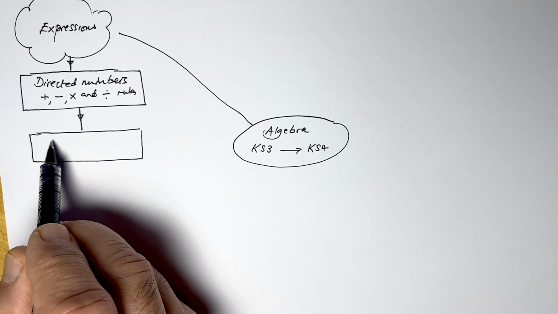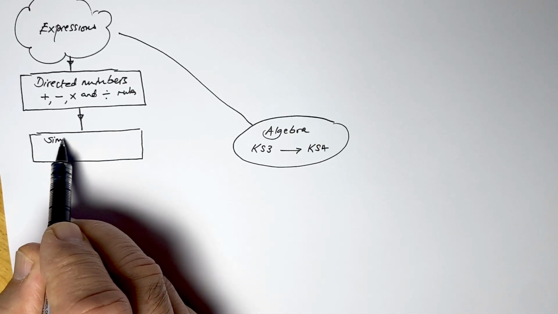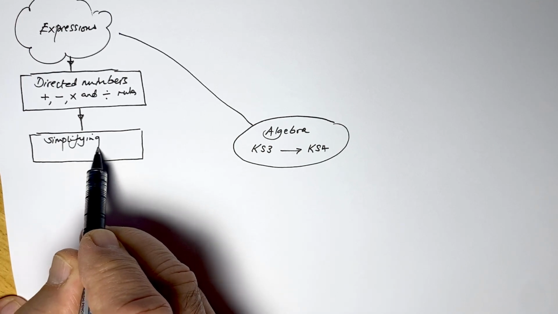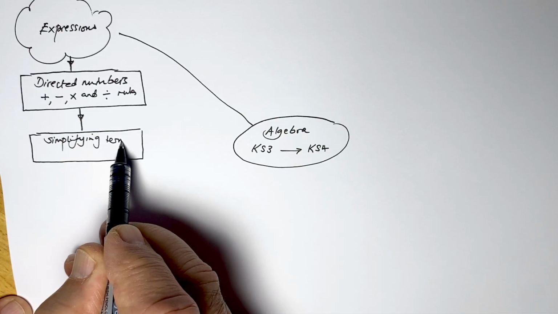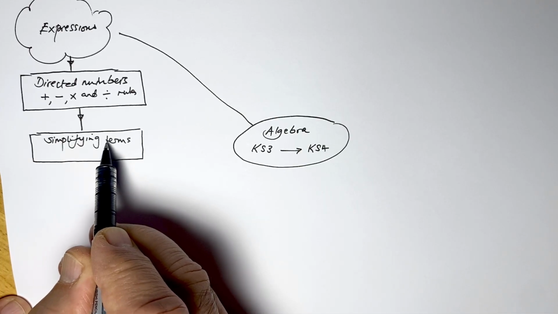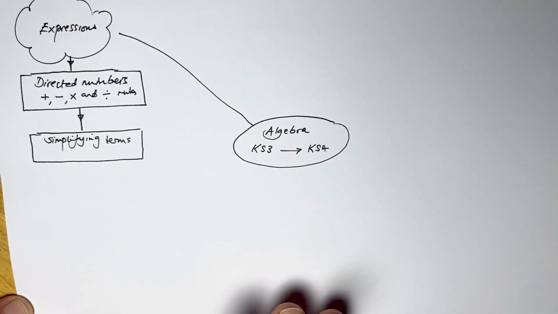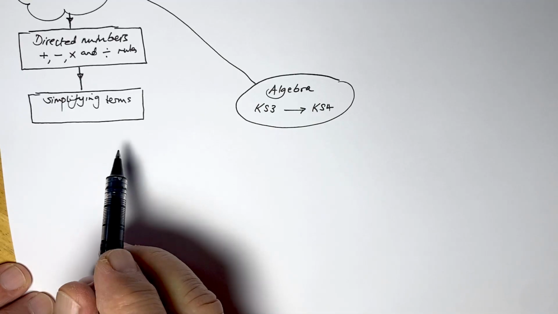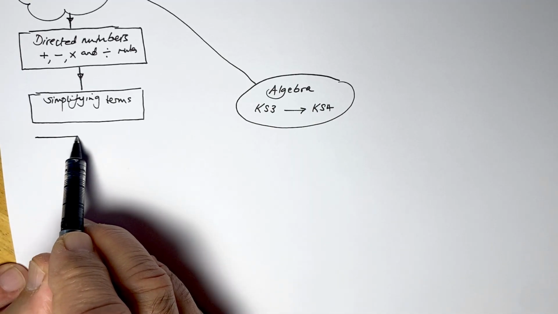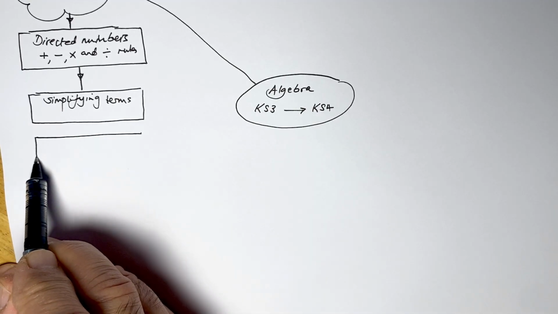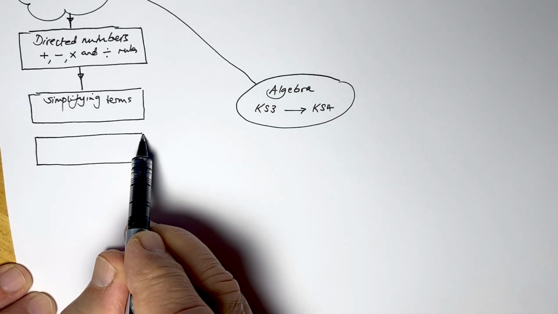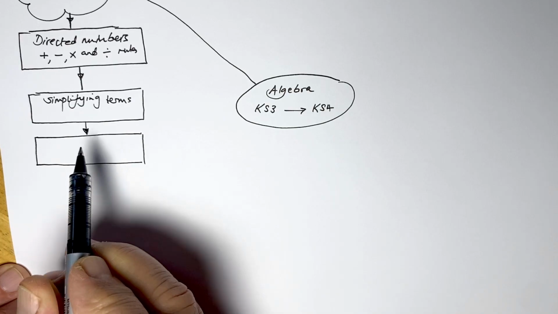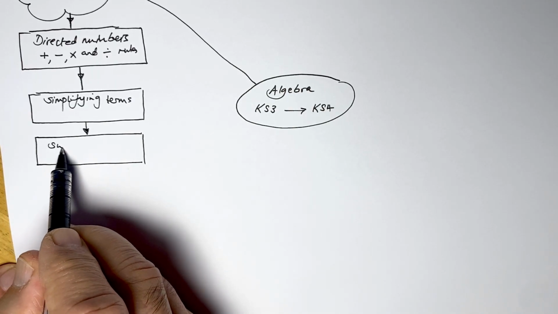Then simplifying algebraic terms. So we know that x goes with x, y goes with y, xy goes with xy, etc. Then we go to substitution, where you actually replace letters with numbers in any formulae or in any expression.